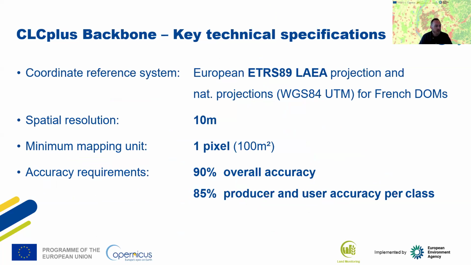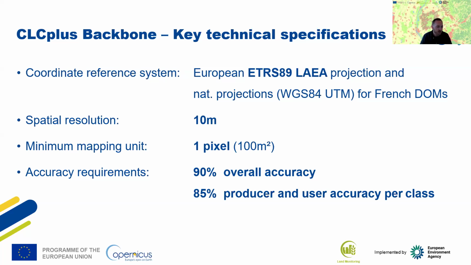The key technical specifications are the following. The coordinate reference system is the European ETRS89 Lambert Azimuthal Equal Area projection, and the French overseas departments are available in the respective national projections, which are all WGS 84 UTM.